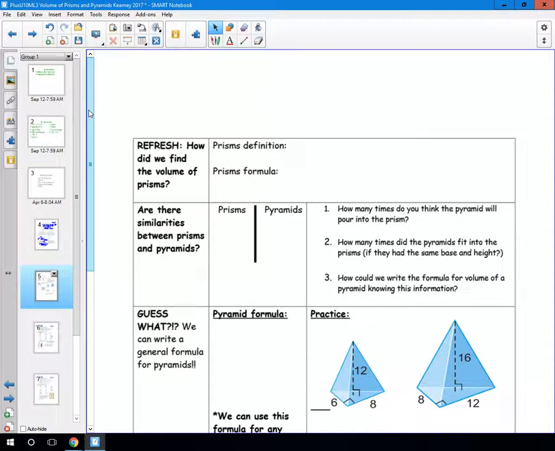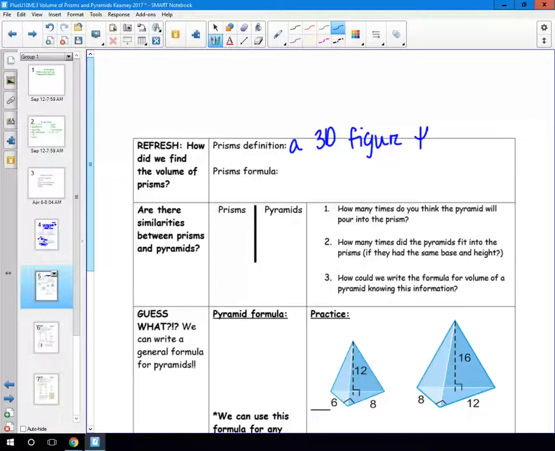But before we get started, what did we say a prism was? We said a prism was a 3D figure that has a base that repeats.